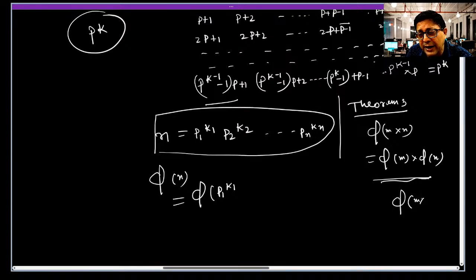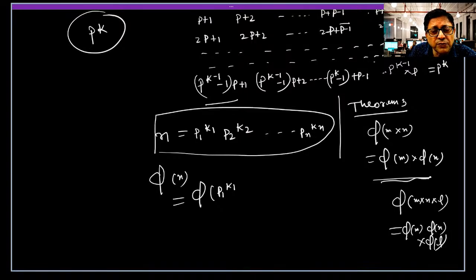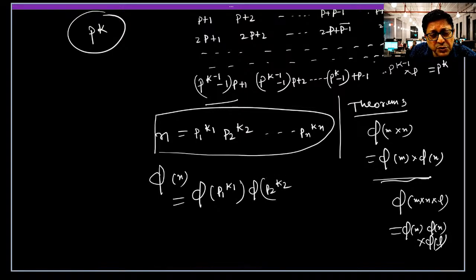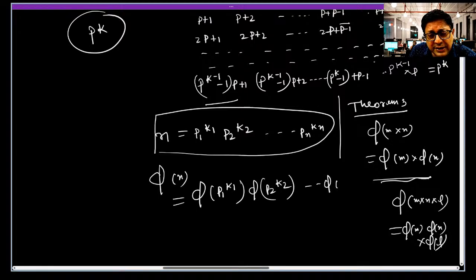Suppose phi of m n l, this can be written as phi m, phi n into phi l. So here also phi n will be phi of p1 to the power k1, phi of p2 to the power k2, this way up to phi of pn to the power kn.